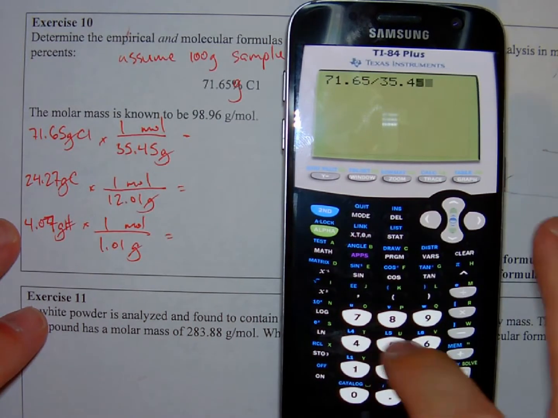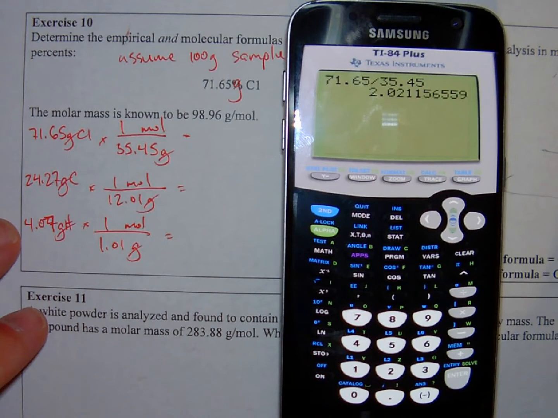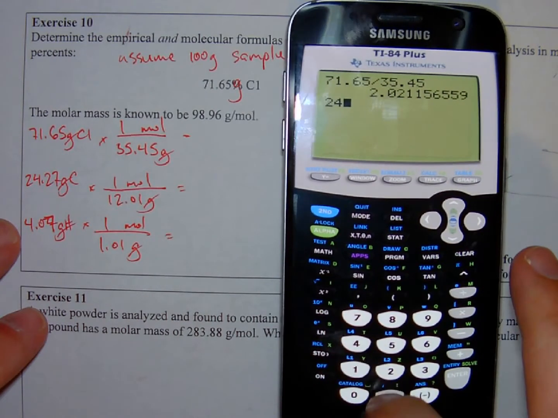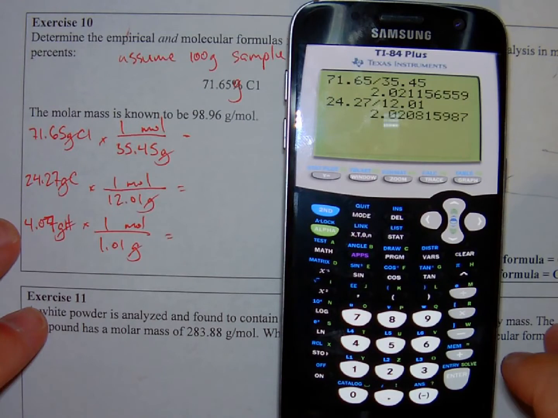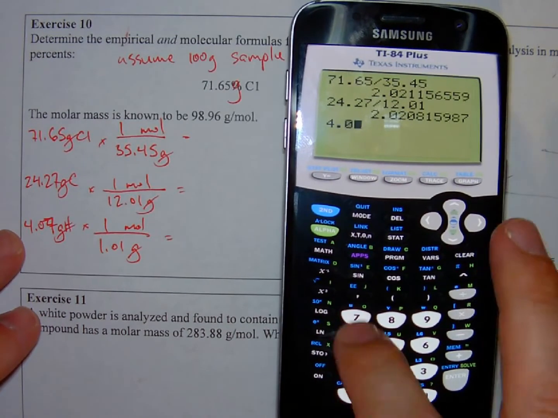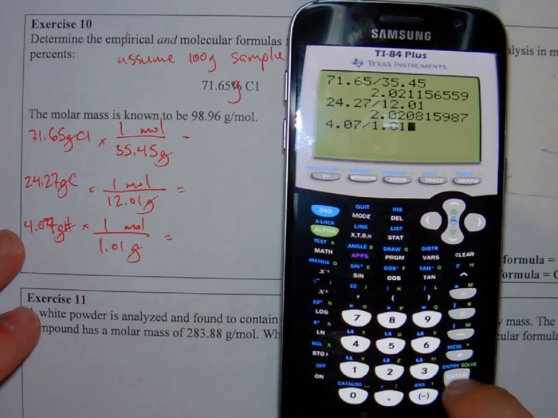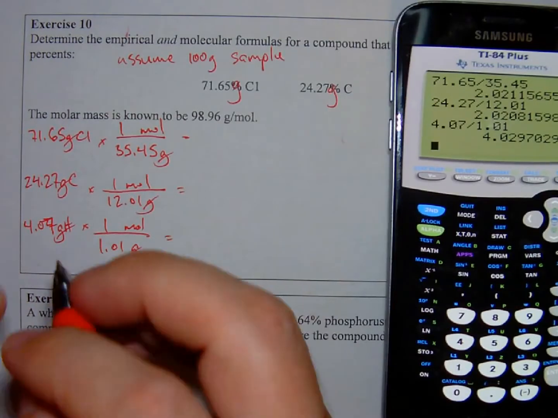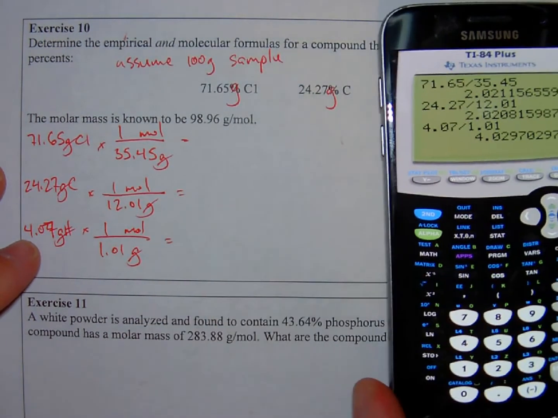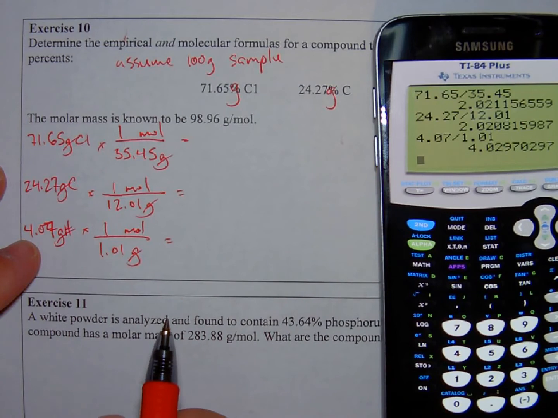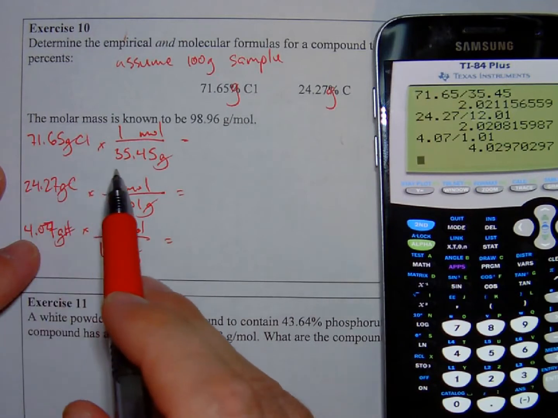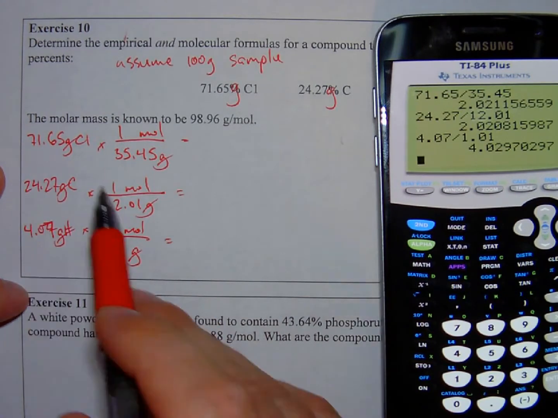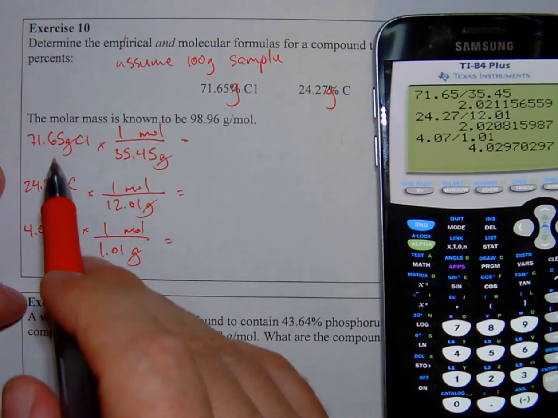Oop, mistyped. Alright, so there's one of them. There's the second one. And there's my third. Alright, now, we're doing division here, so let's do 3 significant figures there, 4 significant figures there.